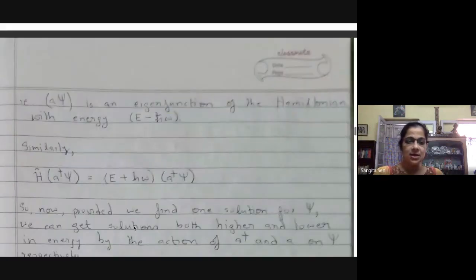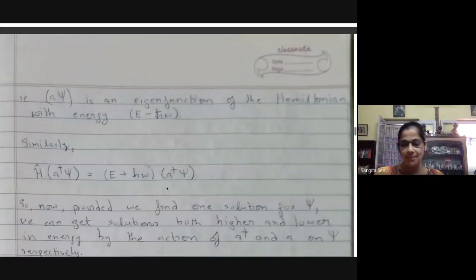So E minus h cross omega is the energy of the wave function A psi if E is the energy of psi. Similarly, if we use the Hamiltonian on A dagger psi, we get an energy eigenvalue which is h omega above the energy of psi. So what we're basically getting is different eigenstates of the Hamiltonian, of higher and lower energy, once we know some psi.